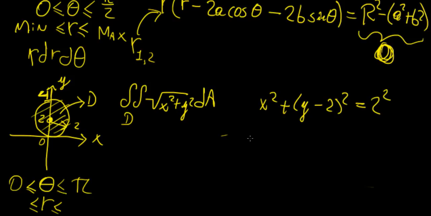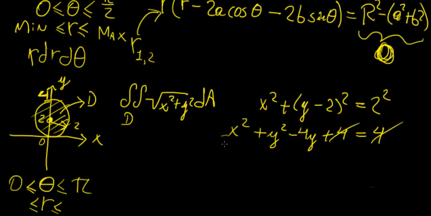Now let's expand this out. That's x squared plus y squared minus 4y plus 4 equals 4. So these two 4's cancel out. Now let's replace x squared plus y squared by r squared, and replace minus 4y by minus 4 times r sine theta.